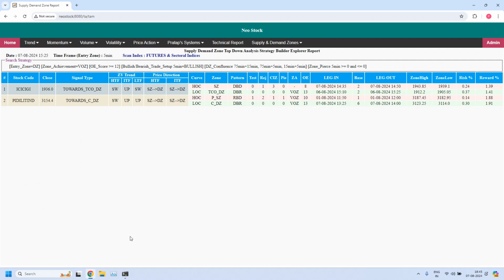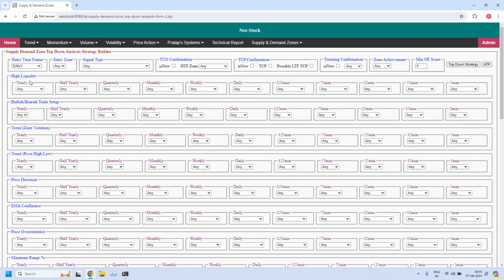Next, let us look at the bearish trade setup for the hourly income trade. For the bearish trade setup for the hourly income trade, the entry time frame is 5 minutes, the entry zone is supply zone, and in the bullish or bearish trade setup parameter, in the 5 minutes time frame, I am selecting bearish.